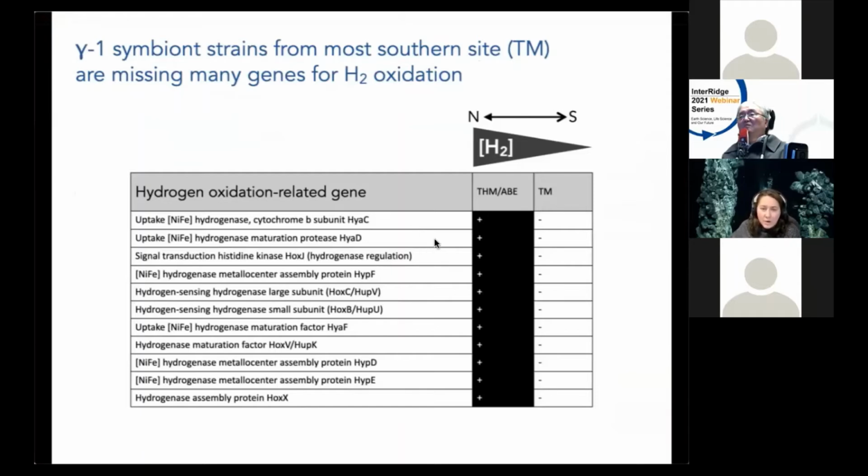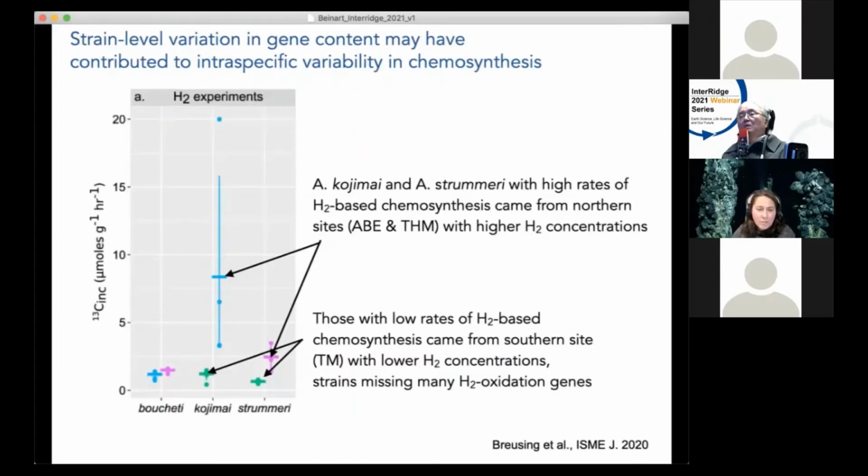So all of these genes are present in the strains in the north, where there's more abundant hydrogen in the hydrothermal fluid, and then they're missing in the strains from the south where hydrogen has a lower concentration. And this was a really interesting observation because it made us rethink some of the experimental results that we had published previously.